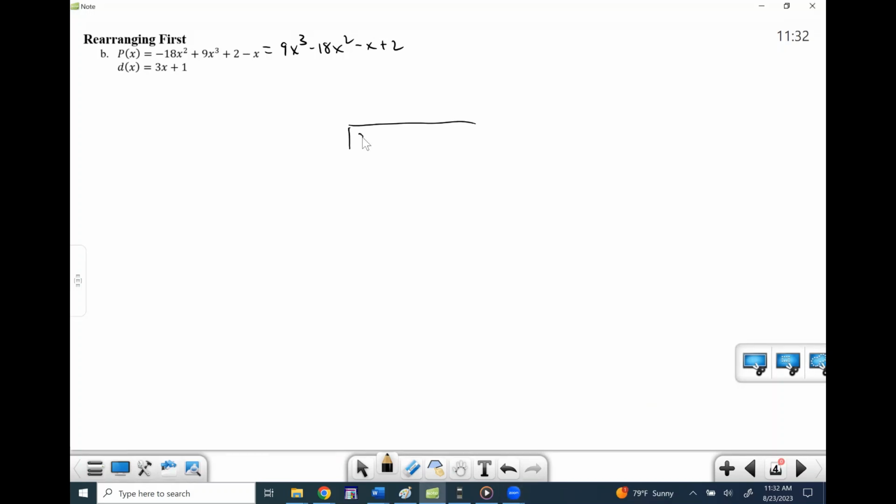Okay, so we're going to go ahead and put this new rearranged p of x in as our dividend. And then we've got our divisor.